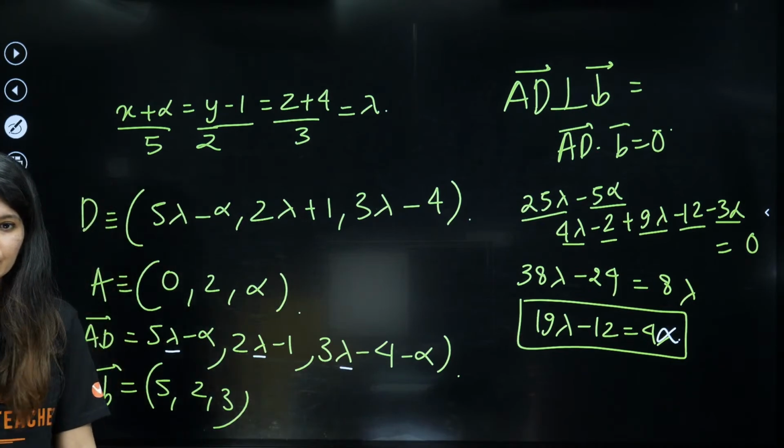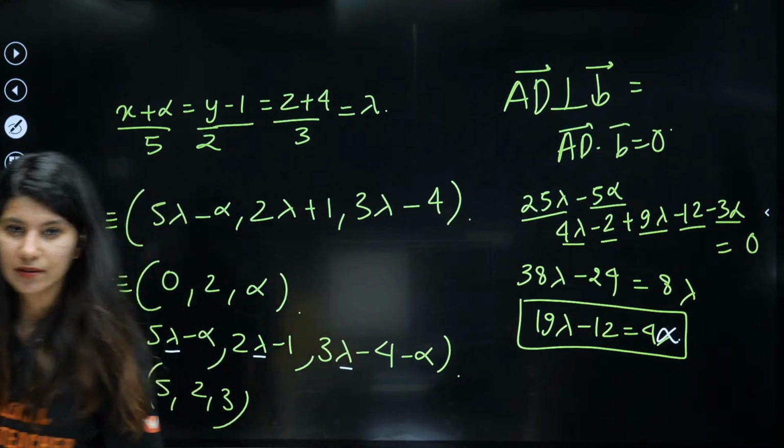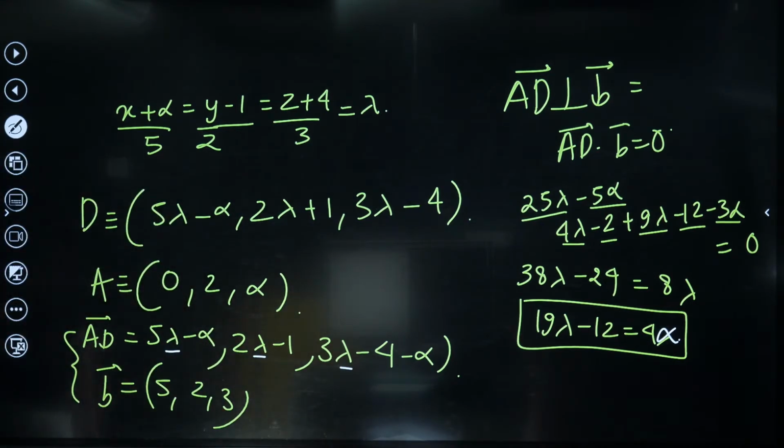Okay. The answer is 9. Let me just check whether the answer is 9 or not. Okay, alpha square is coming out as 9. Yes.